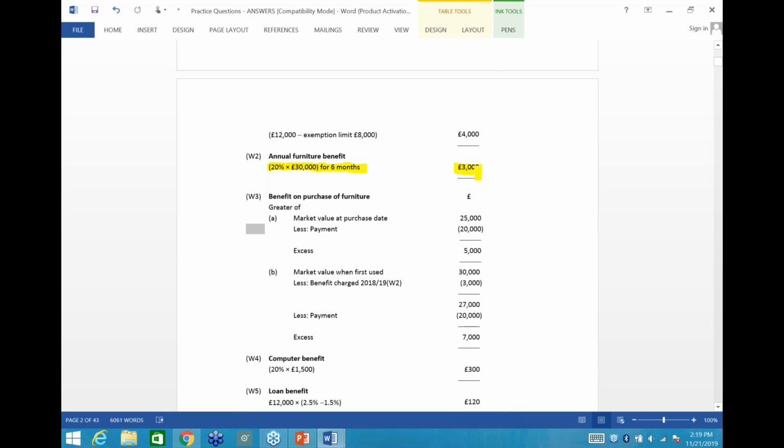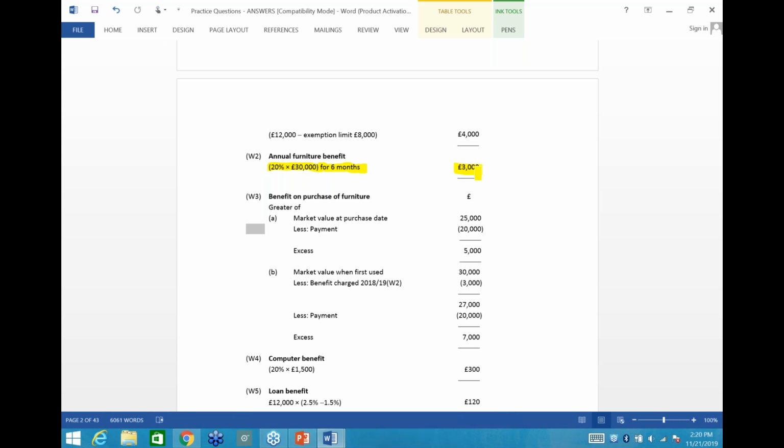Then on the 6th of October, after 6 months' time, I bought this furniture. Then Rita became the owner of this furniture. So we have to check whether there is any element of gift here. We call it gift of asset by the employer. But here in this instance, the situation is a little different from a normal gift, because for a period of 6 months, I used the furniture without owning it.